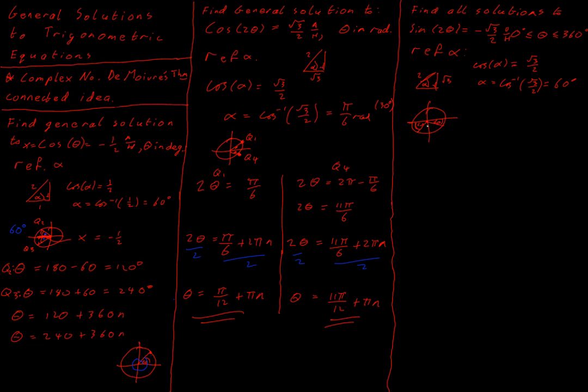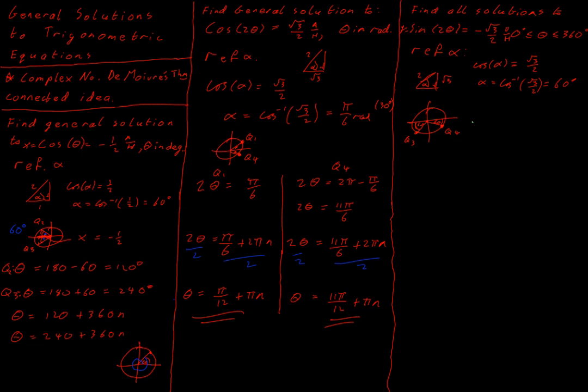We're going down 60 degrees in both cases, so I'm going down into the 3rd quadrant and the 4th quadrant. And I know I'm doing that because I'm looking for where my y values are going to be negative. My sine function gives me the y values in my unit circle. So where sine is negative is where the y coordinates of those 2 points are going to be negative.